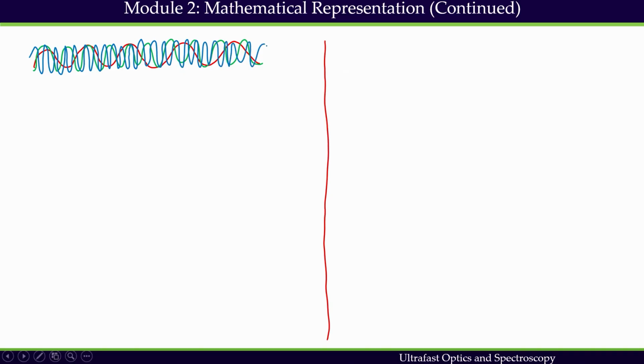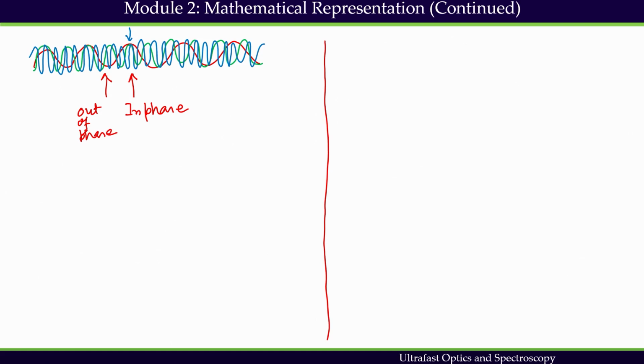So, there are multiple frequency components we can consider, and what we see here is that at this point we have constructive interference, and then there are points where we have destructive interference. This is going to be in phase, and this one is going to be out of phase.